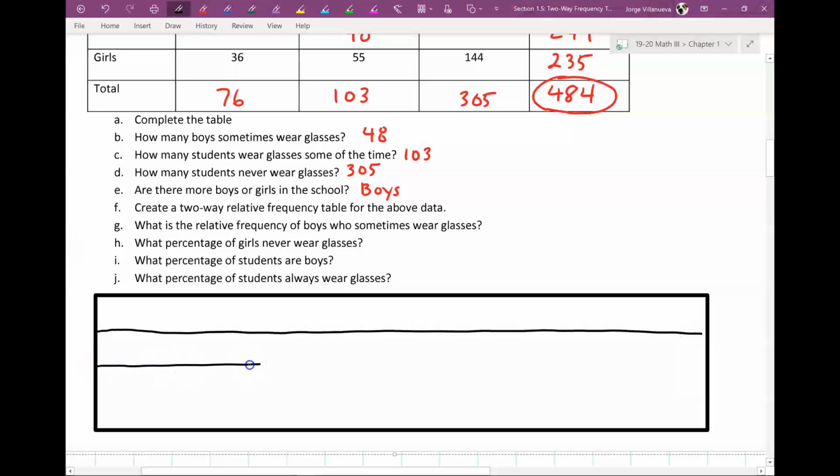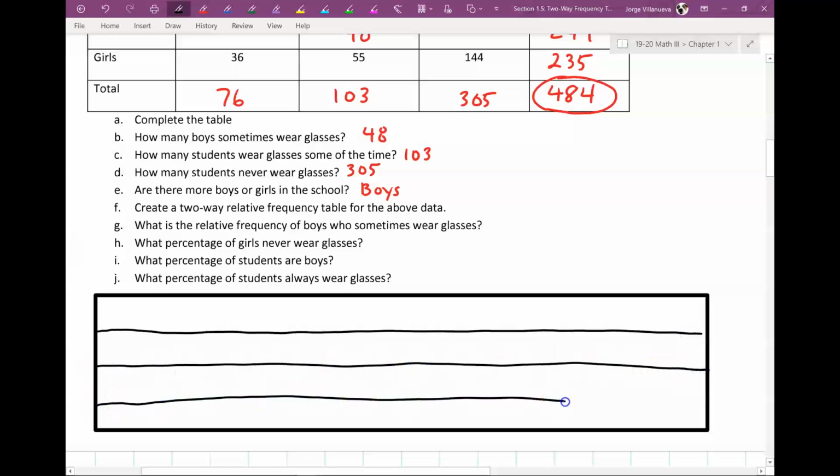I'm going to have to draw 3 to split them up this way. And then I'll do some more after. Now remember, this is boys, girls, total. And then across, I need to create 1, 2, 3, 4 parts. So that'd be 1, 2, 3, 4.